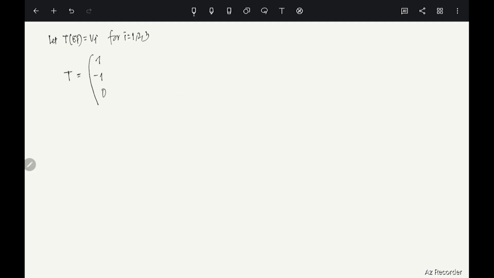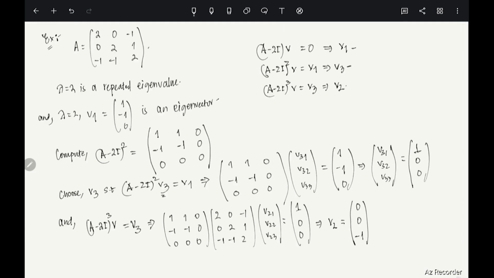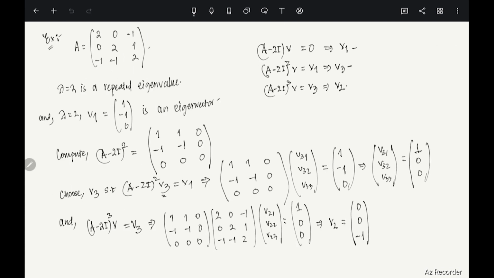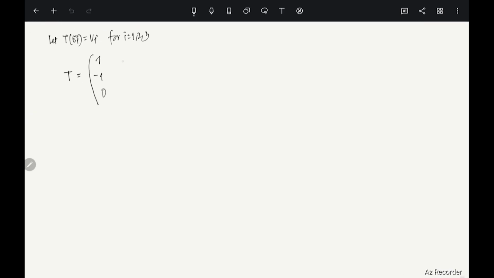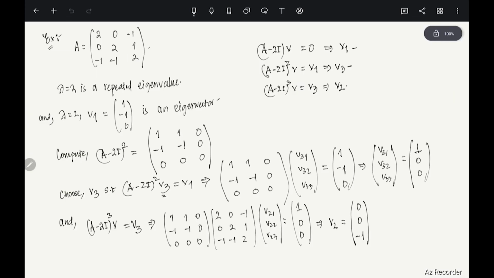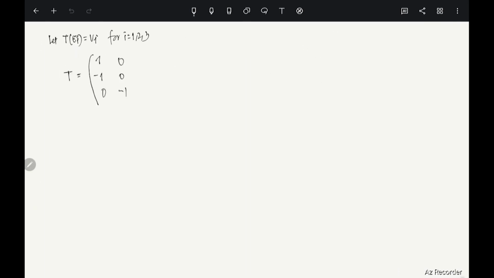If you remember, T is essentially this matrix: T acting at e1, T acting at e2, T acting at e3. T of e1 is 1 minus 1 0, T of e2 is 0 0 minus 1, and T acting at e3 is 1 0 0.